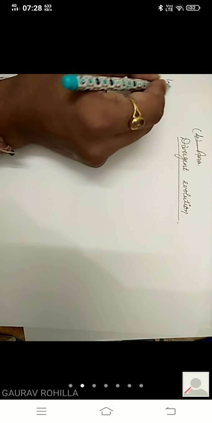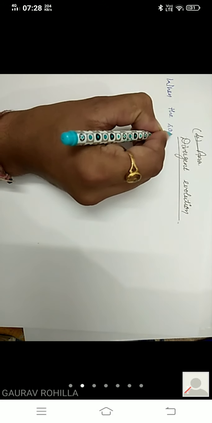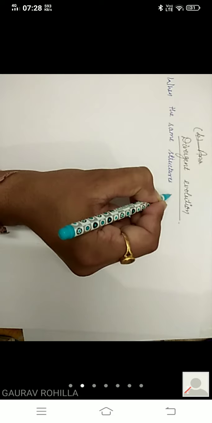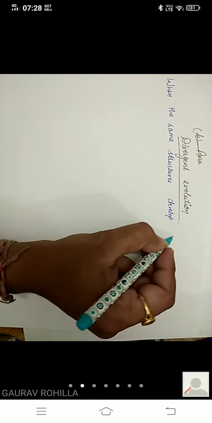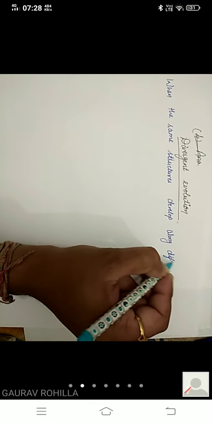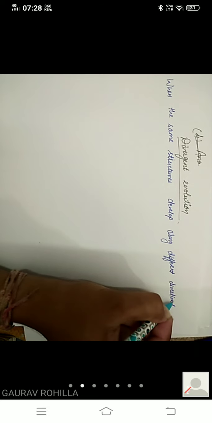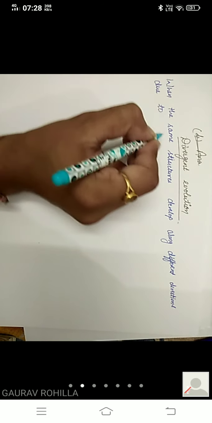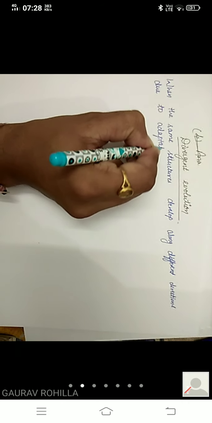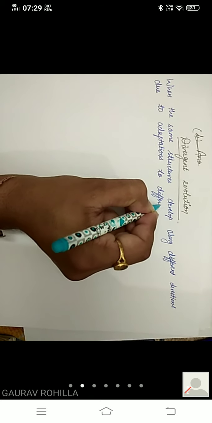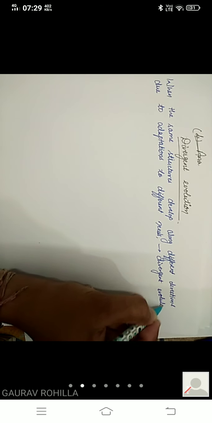In divergent evolution, when the same structures develop along different directions due to adaptations to different needs, it is called divergent evolution.